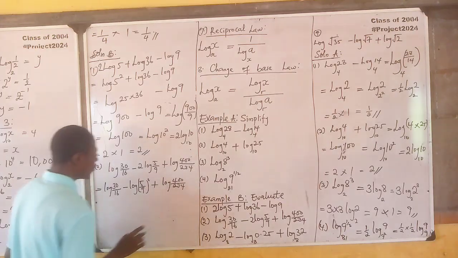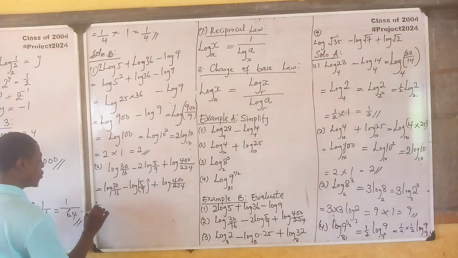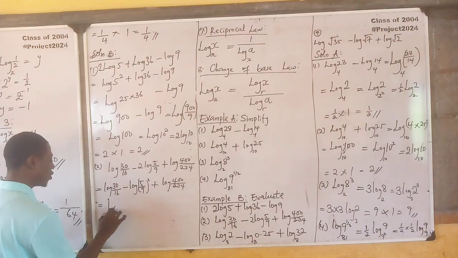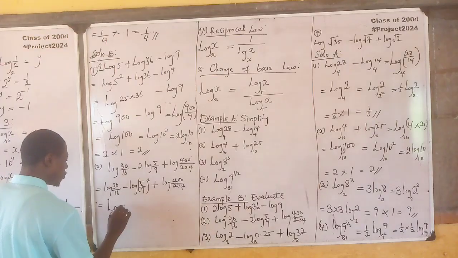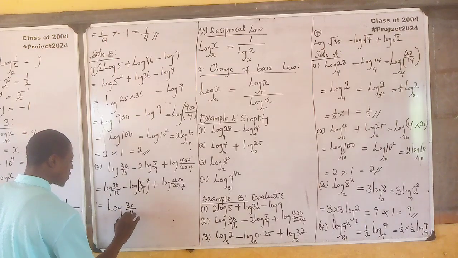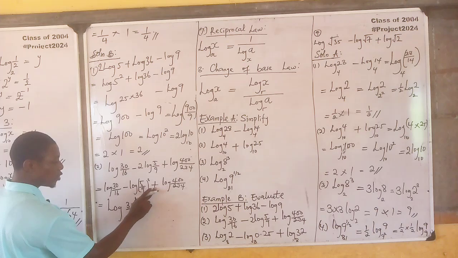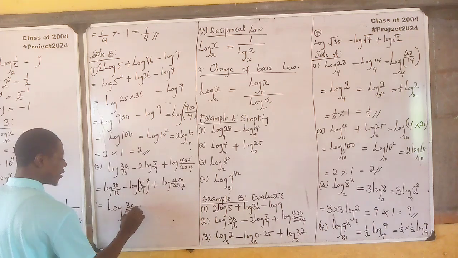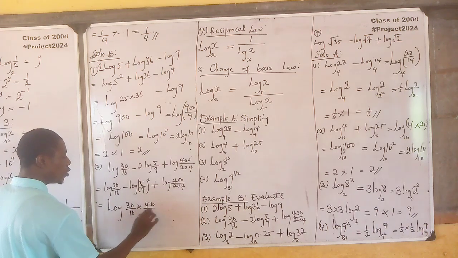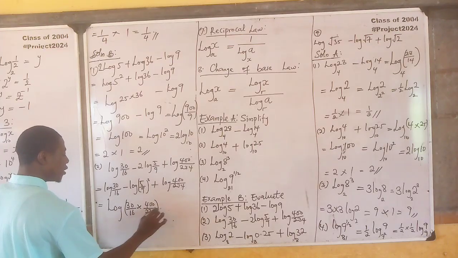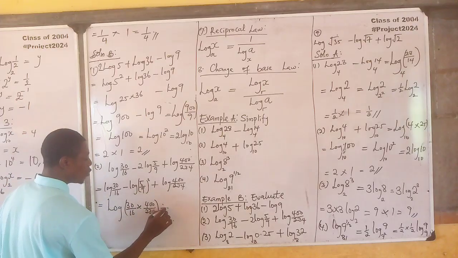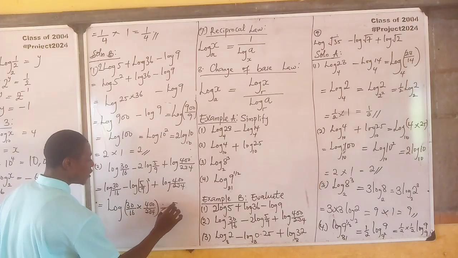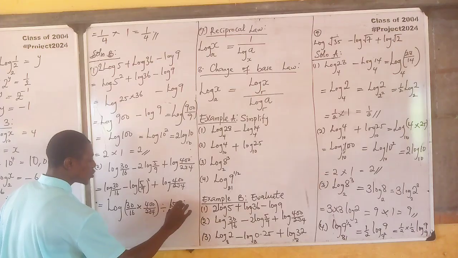From this particular point, we pick one of the logs and apply the rules. First of all, log of 30 over 16. Then since it's plus first, this plus means multiply, so multiply by 400 over 2, 3, 4. Then all of them here are being divided by this log. This minus means you are subtracting, which is 5 all over 9, all squared.